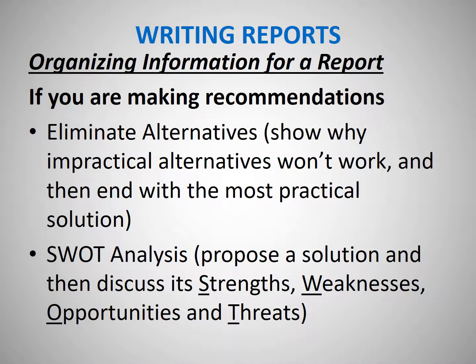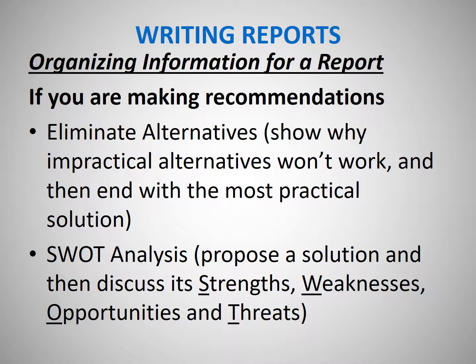But, again, there are other alternatives, other strategies you can use for whatever you feel comfortable with. So, you could do what we call the eliminate alternatives strategy. You think about all the recommendations that somebody could make. Let's choose 3 that you could make, and you order them in terms of which one you think is the most practical, and then work backwards.